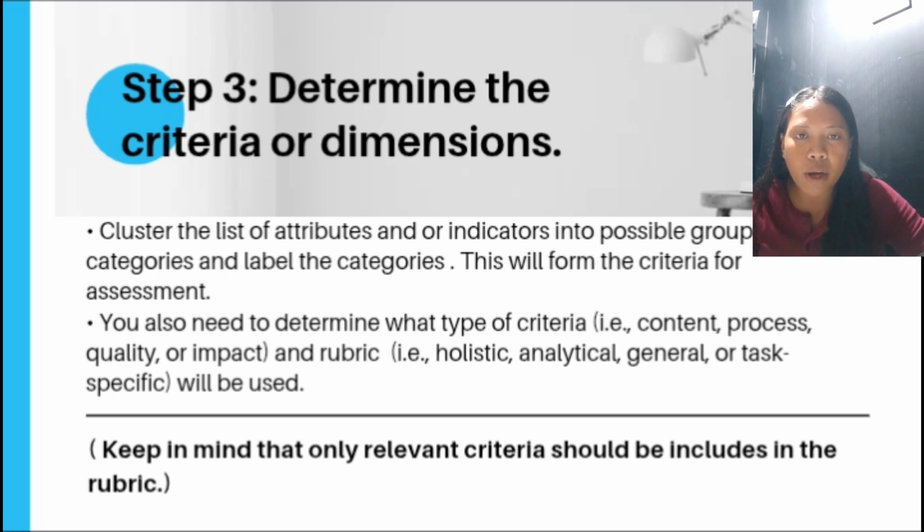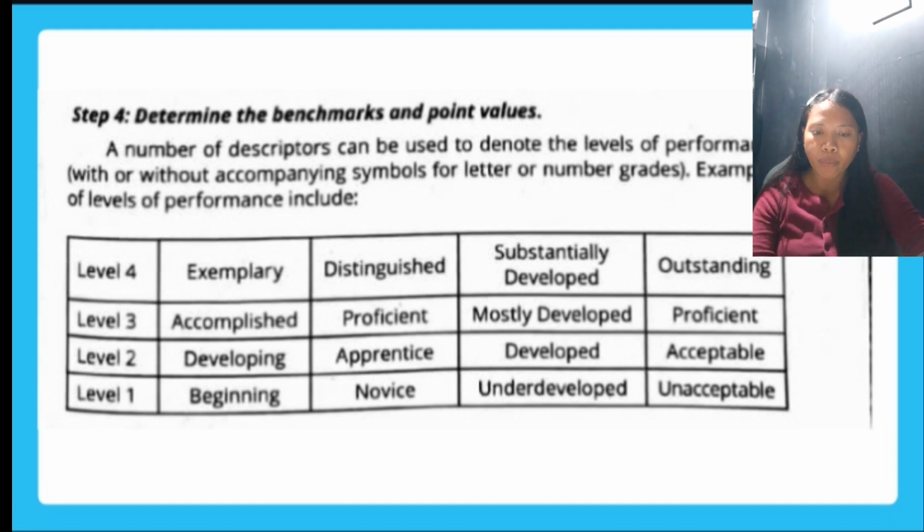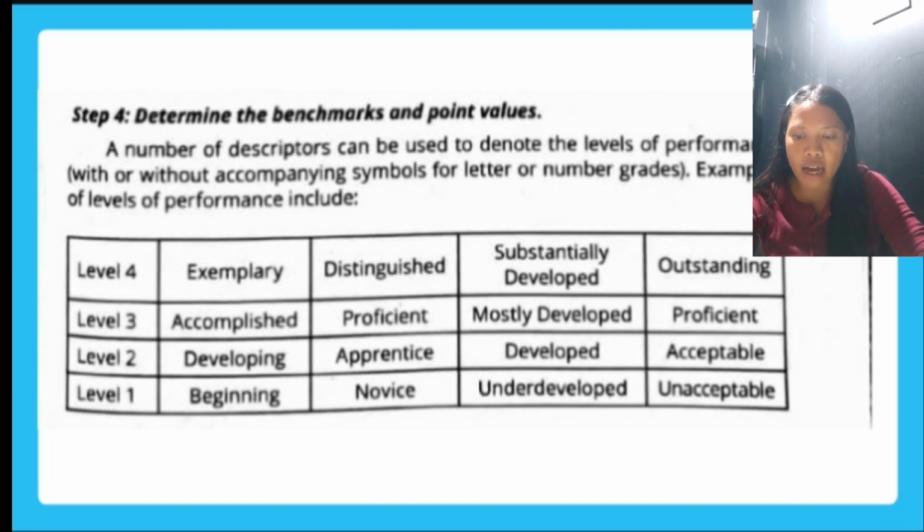And then the next step, which is the step 4, is you are going to determine the benchmarks and point values. In step 4, a number of descriptors can be used, with or without accompanying symbols for letter or number grades.